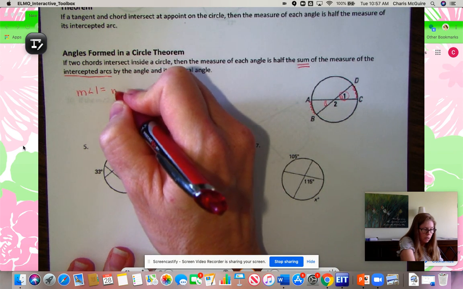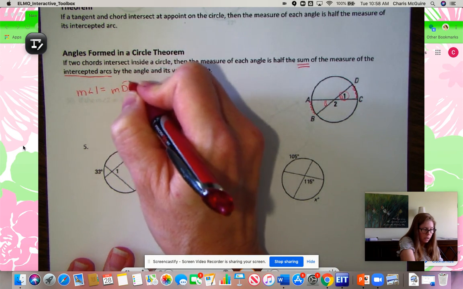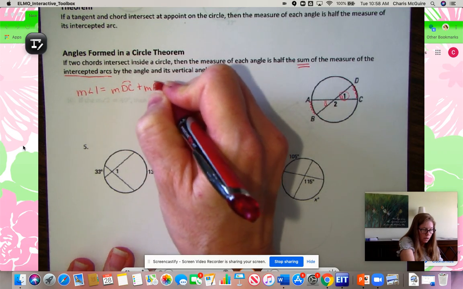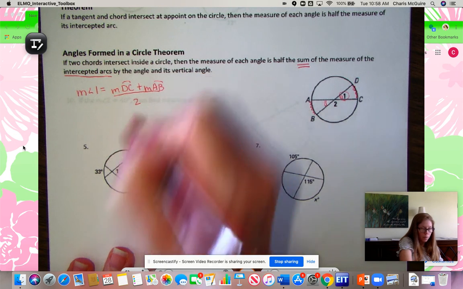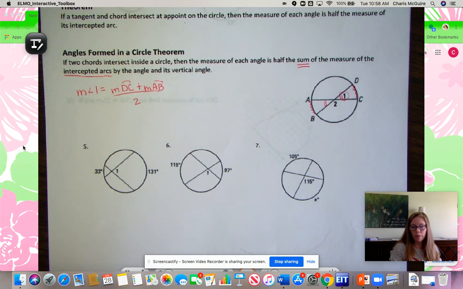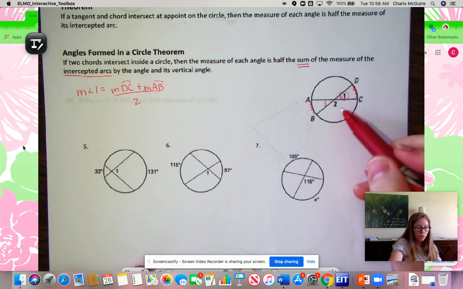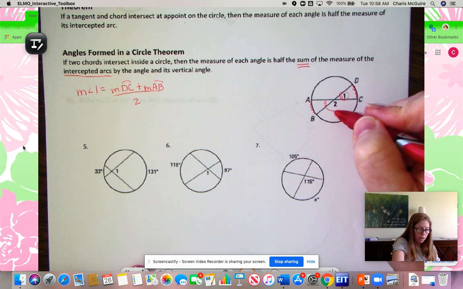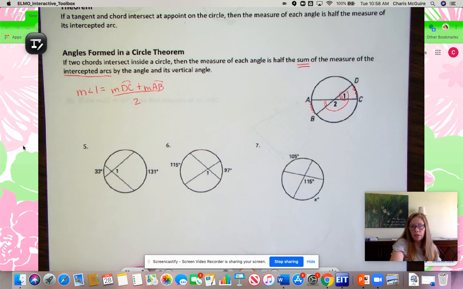So it'd be the measure of arc DC plus the measure of arc AB, and just divide it by 2. And that's the formula basically that you use for these kinds. Now you could do the same thing for number 2, but what you should recognize is that 1 plus 2 have what kind of relationship?